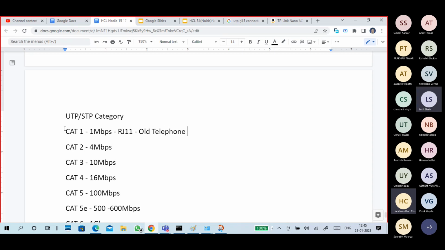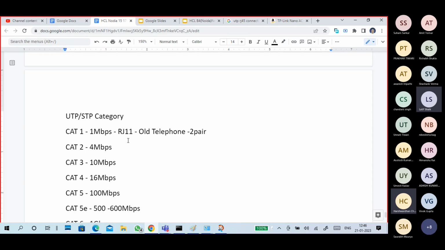It is for the old telephone. Now we are using fiber optic. So just don't go into that one, guys. If you remember any telephone cables, the hand telephone cable is an RJ11 cable, and it is not even a 4-pair; it is a 2-pair cable.